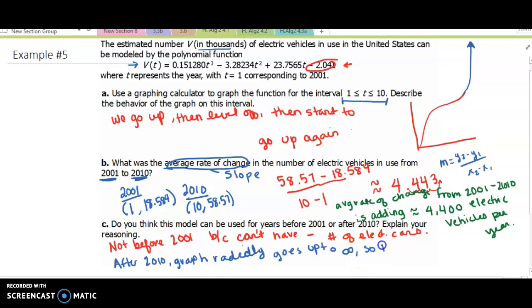So that probably wouldn't make much sense. Okay, now maybe it would be accurate for a few more years, but surely not for the long haul.